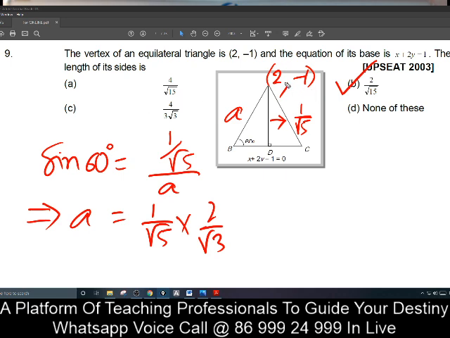This is the vertex given, 2 comma minus 1, and the baseline equation is given, x plus 2y minus 1 equal to 0. The perpendicular distance from 2 comma minus 1 to this line is going to be 1 by root 5, by using the formula modulus of ax1 plus by1 plus c by root over a square plus b square, which is 1 by root 5. Because the opposite side to 60 degrees is known to us and we need the hypotenuse, the trigonometric ratio relating opposite side and hypotenuse is sine 60, and from that you have got a.